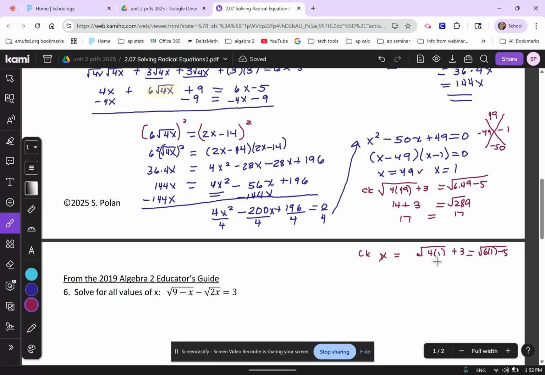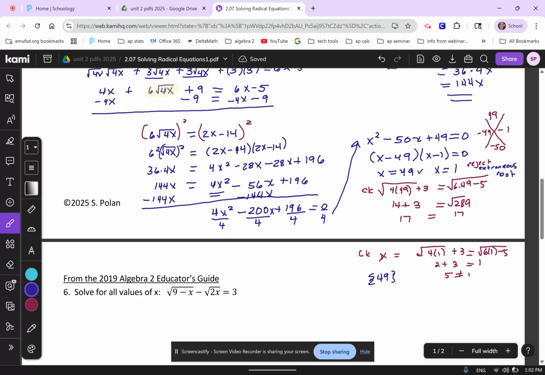So that's the square root of 4, which is 2 plus 3. Is it equal to 1? And we see that it does not. So we're rejecting the 1. It's an extraneous root. And you should write down extraneous, the reason why you're rejecting it. So the final answer is simply just 49.